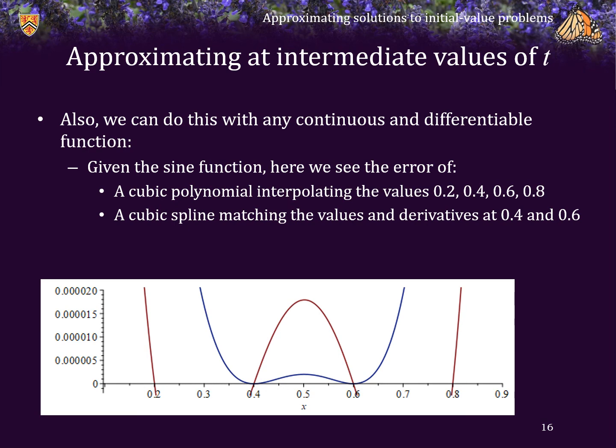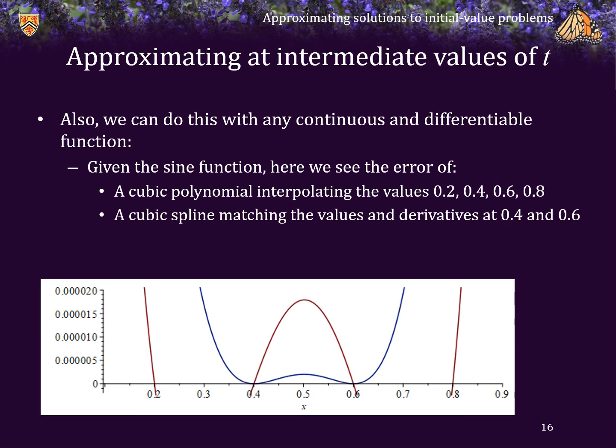Well, that's the function below in red. And you can see that at 0.2, 0.4, 0.6, and 0.8, the error is 0 because, after all, it is an interpolating cubic that passes through those points. However, outside those points, the error grows rapidly.